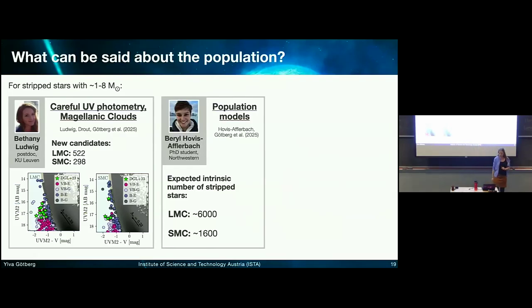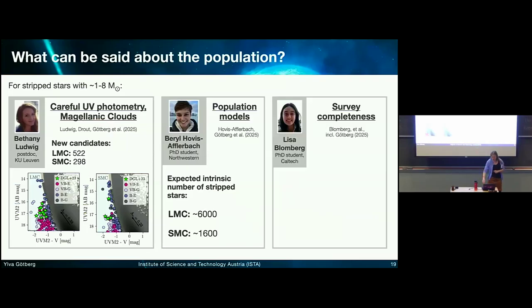And so that seems like we're totally in line, but actually the specific technique that we used is not sensitive to all of these. And this is work by Lisa Blomberg at Caltech, when she went through a survey completeness for this survey and identified that the sample of Bethany is sensitive to only about 10% of the stripped stars.